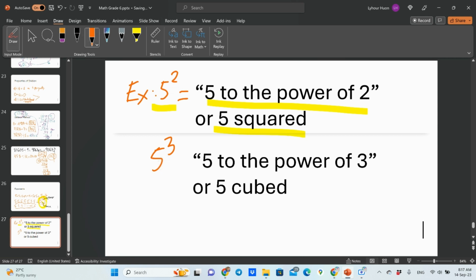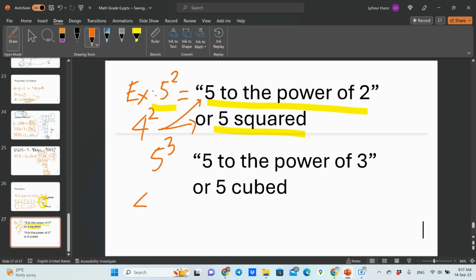How about 4 with a subscript 2? You can either call it 4 to the power of 2 or 4 square. So they have two names.